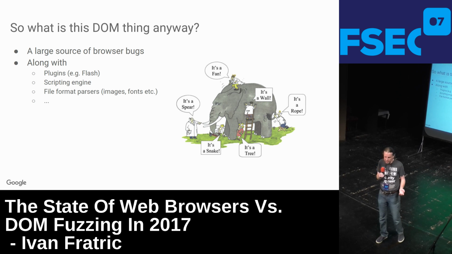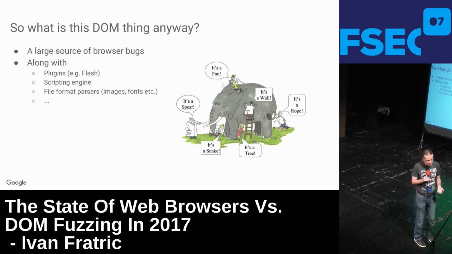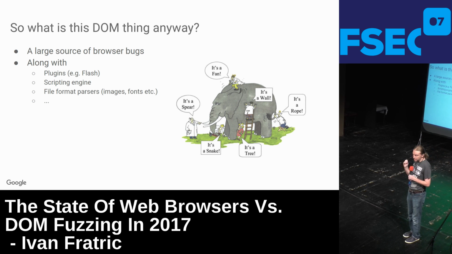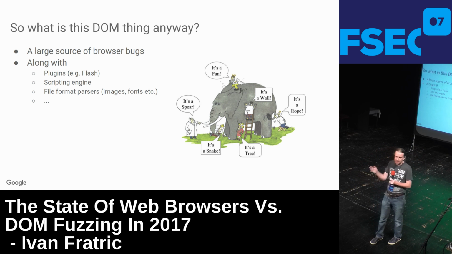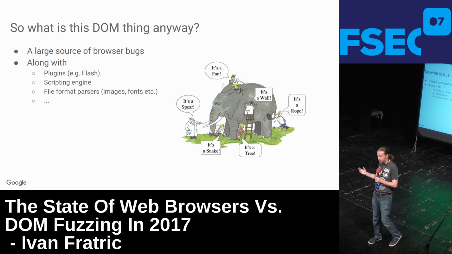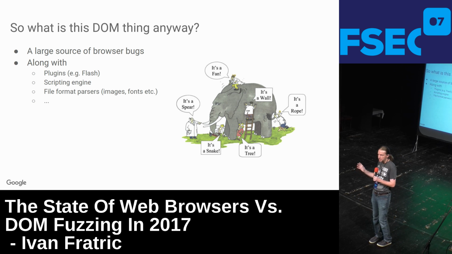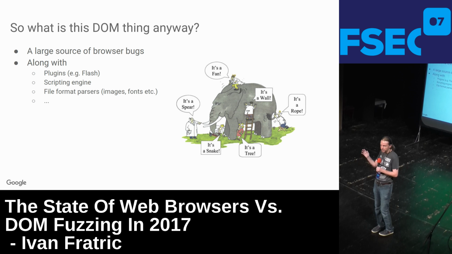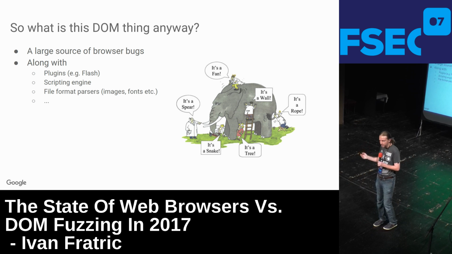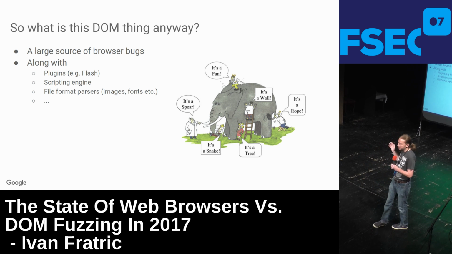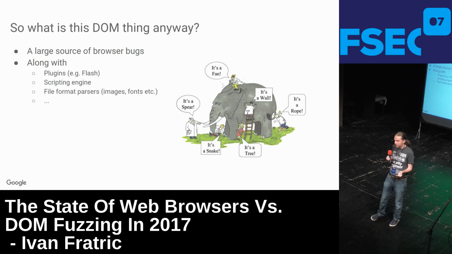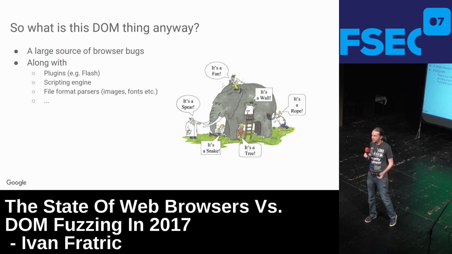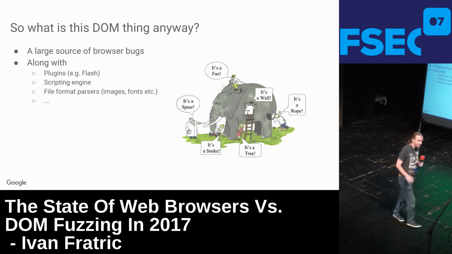In fact, there have been many others, such as plugins, scripting engines, etc. So keep that in mind throughout this presentation, that you won't really get the whole picture of browser security. You're going to get only information about a part of it. So in fact, you might not see the whole elephant. You might see a significant part of the elephant, perhaps the trunk, but not the whole elephant.